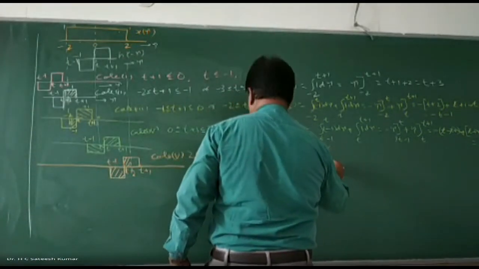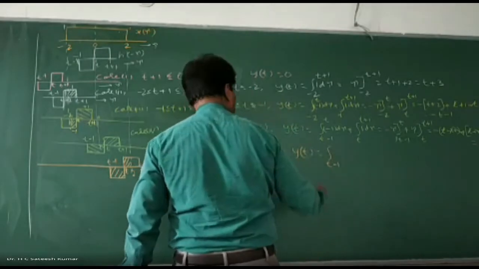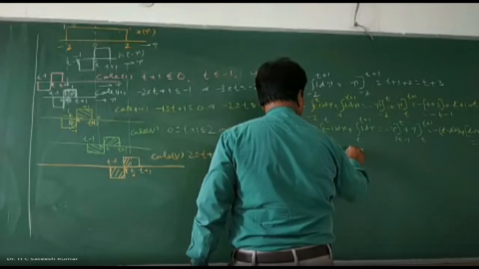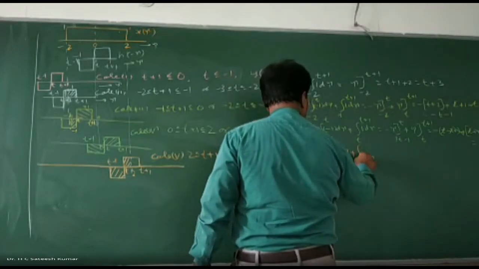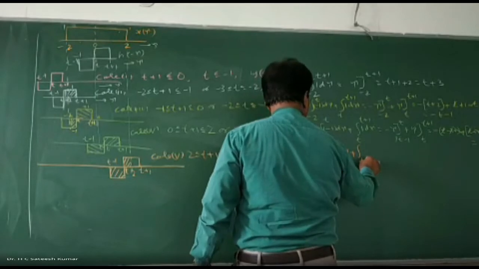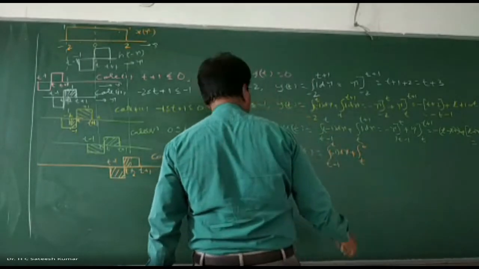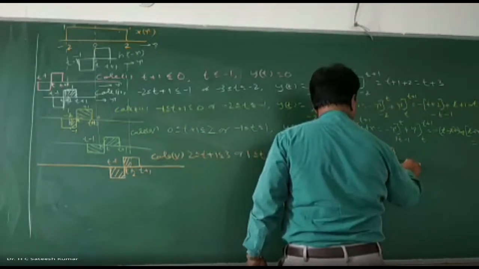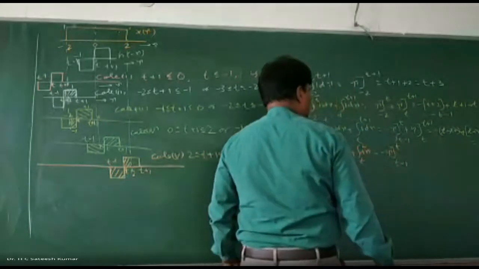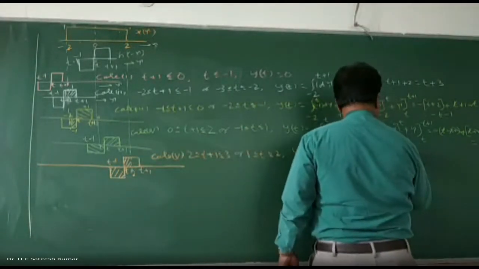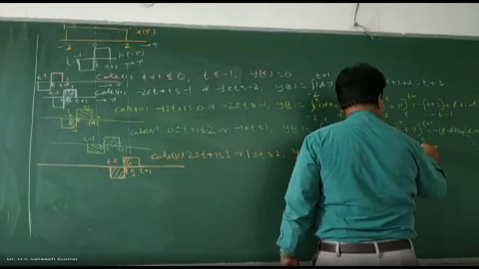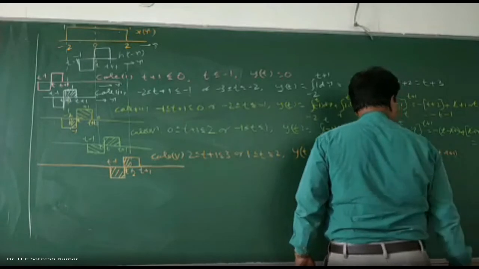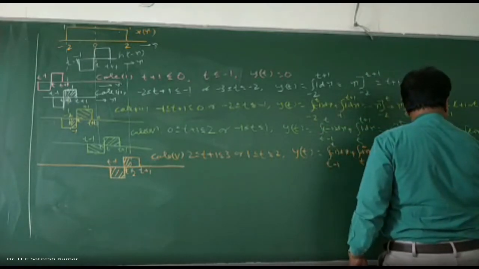Integration from t minus 1 to t of minus 1 d tau plus integration from t to 2 of 1 d tau, which is equal to minus tau between the limits t minus 1 to t plus tau between the limits t to 2, which is equal to minus of t minus t plus 1 plus 2 minus t.